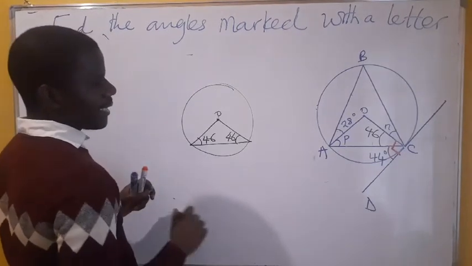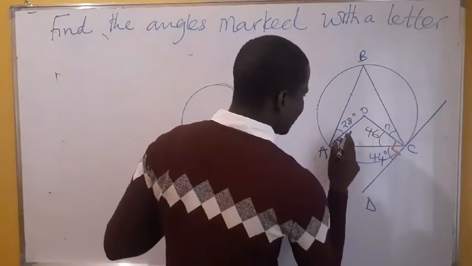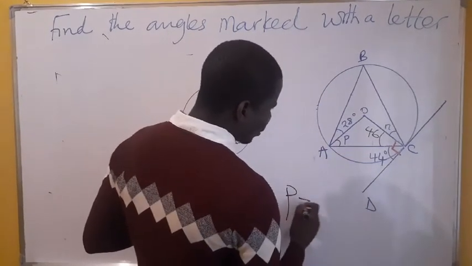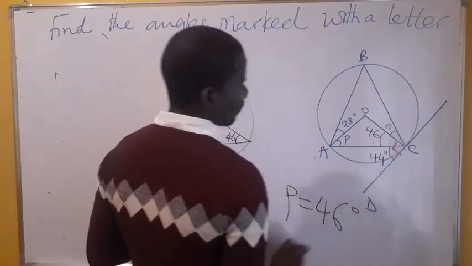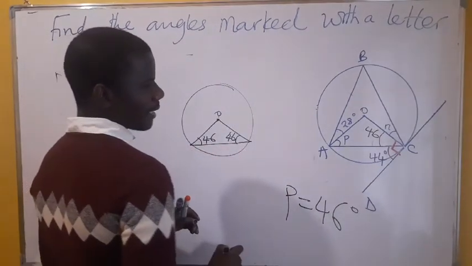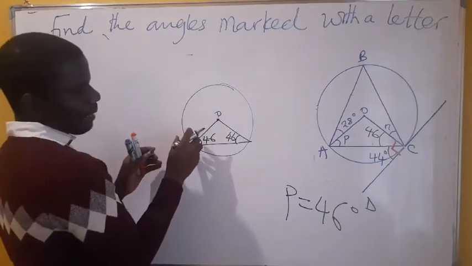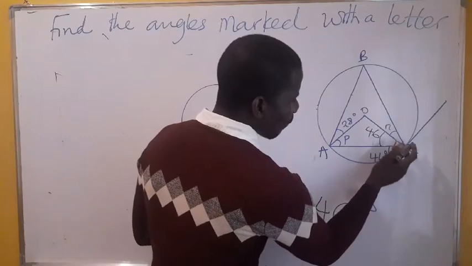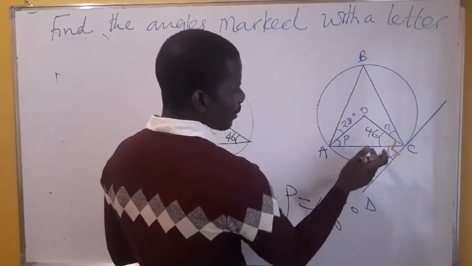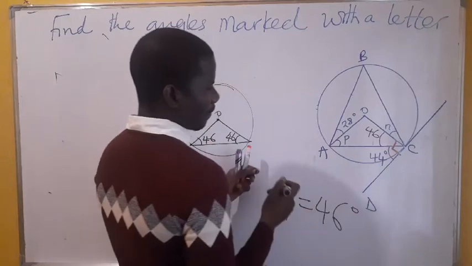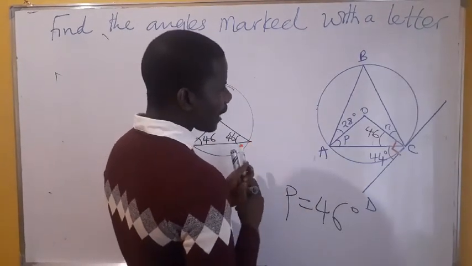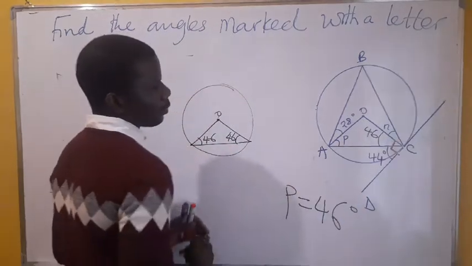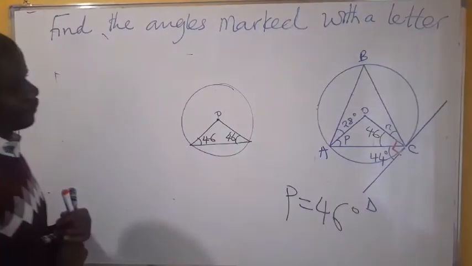It is telling us that even this angle here, where there is P, is equal to 46. Are we together? Based on this concept that I'm explaining, you've seen how the point of contact where they form 90 degrees helped us to find this angle here. Then we subtract, we find P is equal to 46 also.